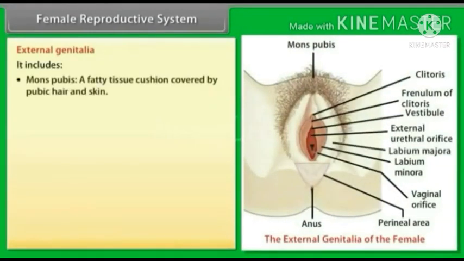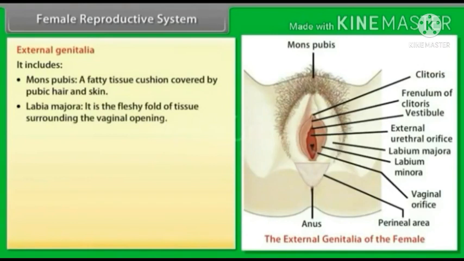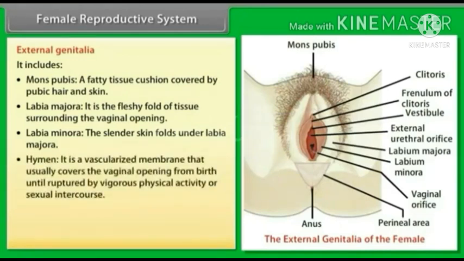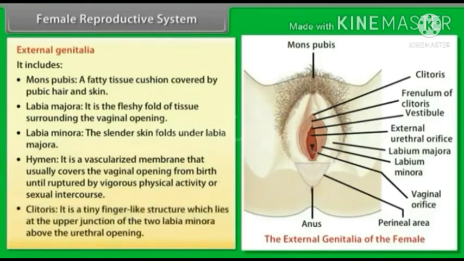It includes mons pubis, a fatty tissue cushion covered by pubic hair and skin. Labia majora. It is the fleshy fold of tissue surrounding the vaginal opening. Labia minora. The slender skin folds under the labia majora. Hymen. It is a vascularized membrane that usually covers the vaginal opening from birth until ruptured by vigorous physical activity or sexual intercourse.